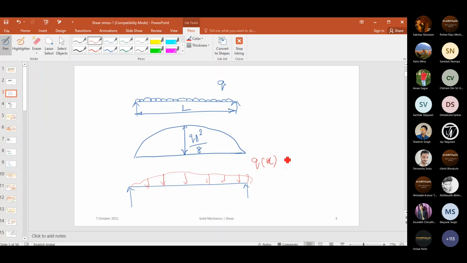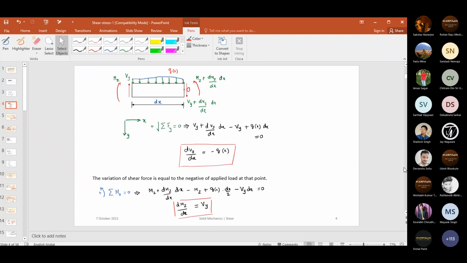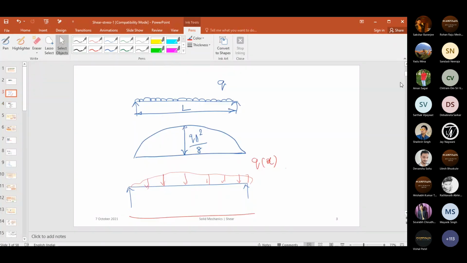Now my bending moment I will draw because there is no space, or is there a space? I don't know. No, there is no space. I will draw in a small portion.